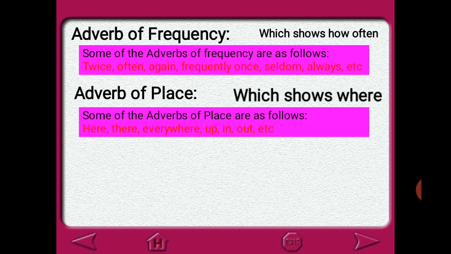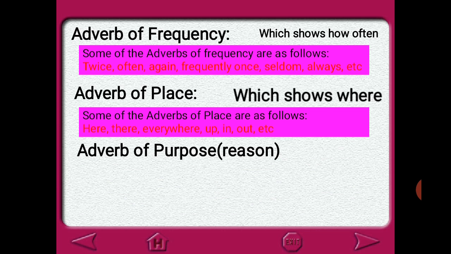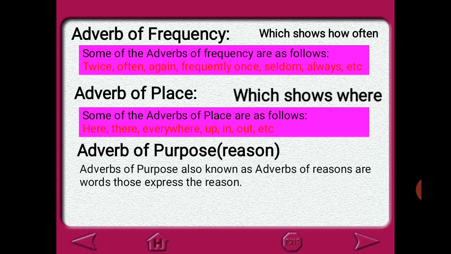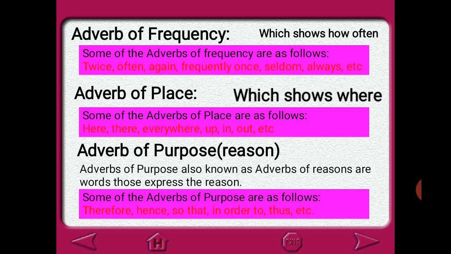Some adverbs of place are also given here, like here, there, everywhere, up, in, out, etc. Now, adverbs of purpose, also called adverbs of reason. These are words that express the reason, like therefore, hence, so that, in order to, etc.